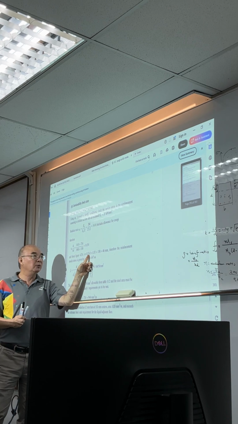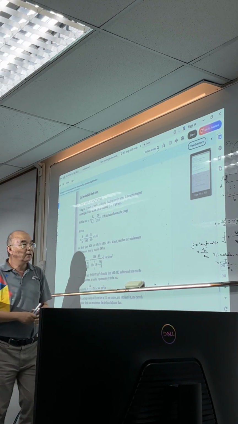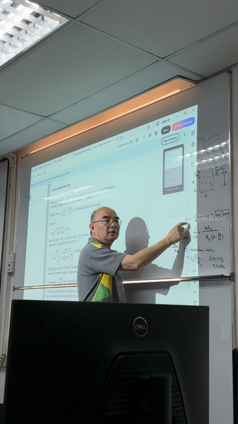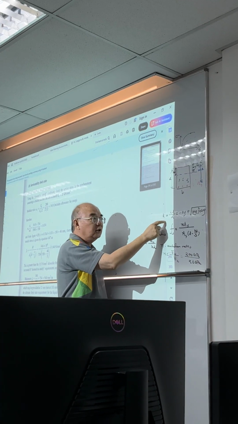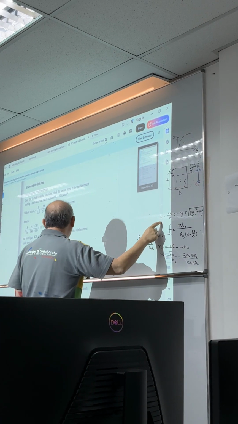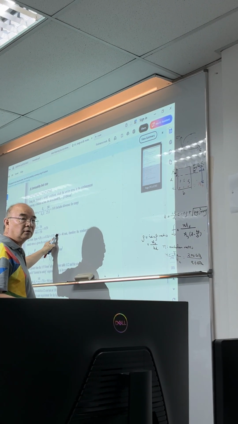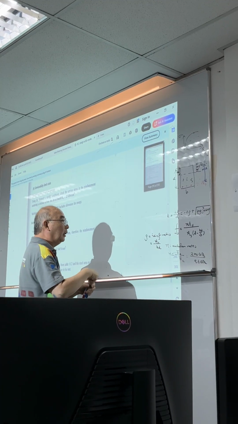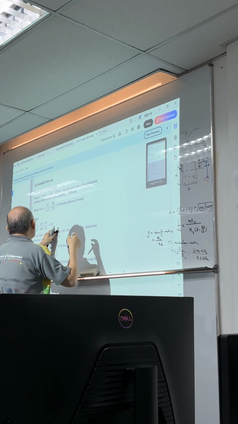Now let's use this formula to calculate the K and see whether it matches 0.31.